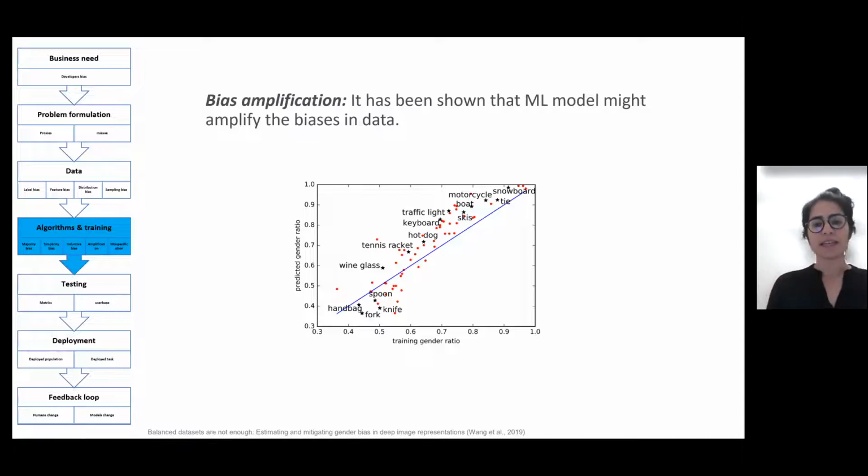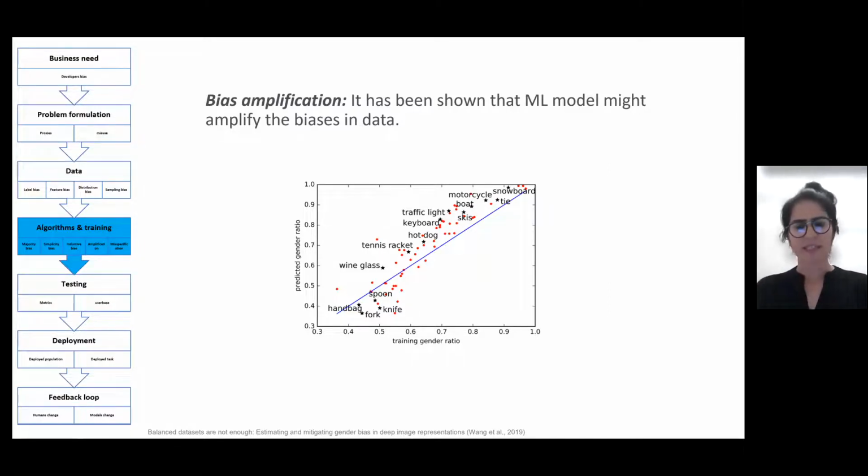For example, let's say that 90% of the pictures of snowboarding are of males. Then the model actually amplifies this, and it predicts almost 100% of the pictures of snowboarding are accompanied by a man.